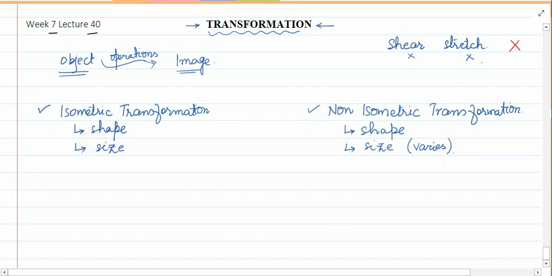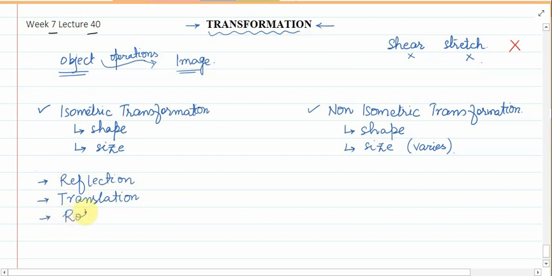So we are going to discuss some of the basic types of isometric transformation. In isometric transformation, we have three types: one is reflection, one is translation, and the last one is rotation.